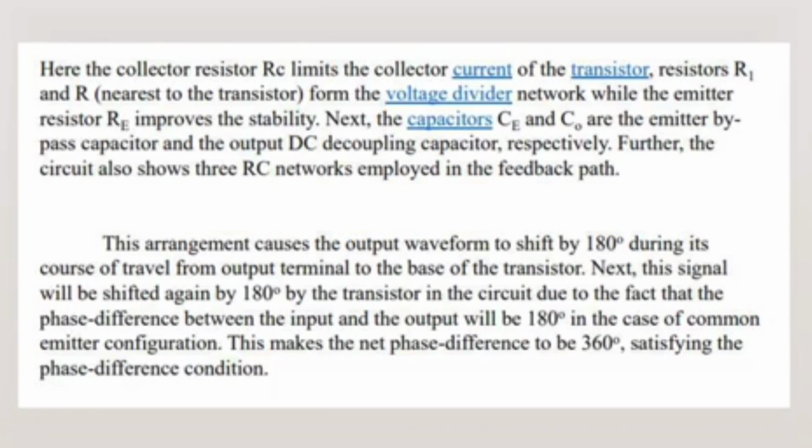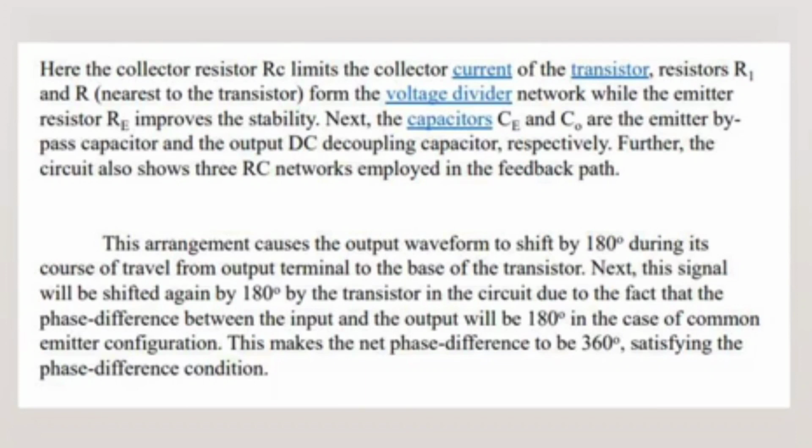This arrangement causes the output waveform to shift by 180 degrees during its course of travel from the output terminal to the base of the transistor. Next, this signal will be shifted again by 180 degrees by the transistor in the circuit, due to the fact that the phase difference between the input and output will be 180 degrees in the case of common emitter configuration.